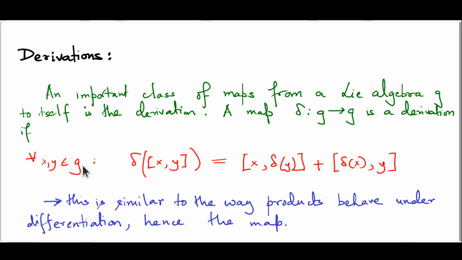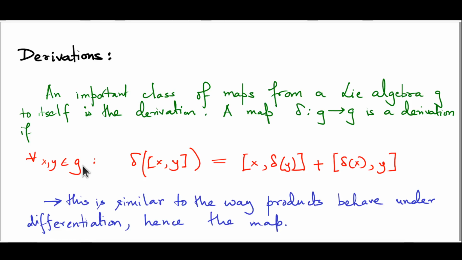While homomorphisms form a very important class of maps in the theory of the structure of Lie algebras, there happens to be another important class of maps from G to G, which are very important despite the fact that they are not homomorphisms, that is, they are not endomorphisms. These maps are called derivations. A map delta from G to G is called a derivation if it obeys the following property.